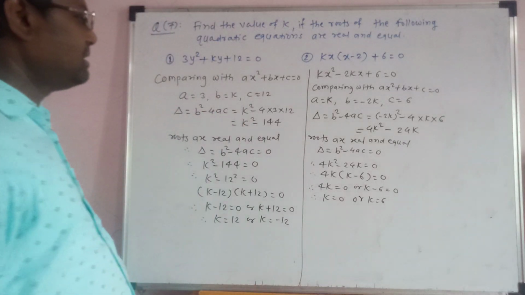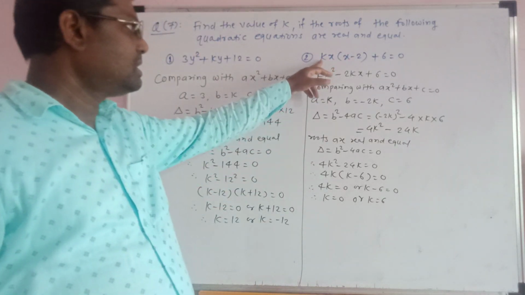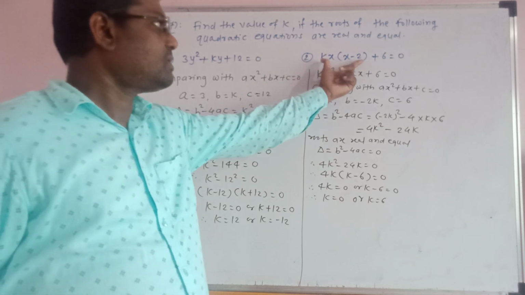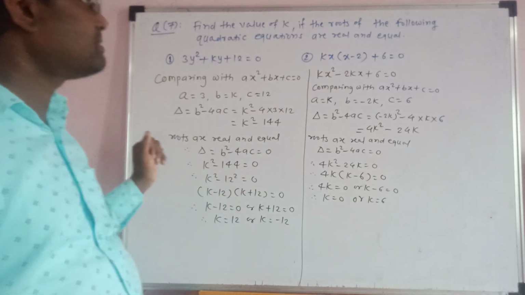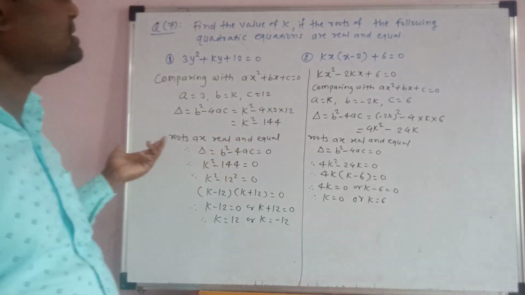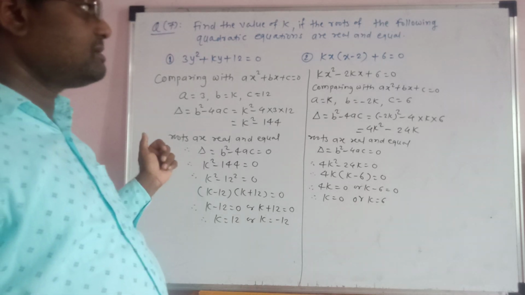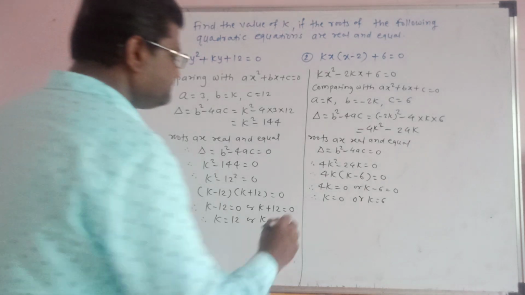Now let us see, for the value of k is equal to 0, if we put k is equal to 0, this term becomes 0 and only 6 remains, and 6 is equal to 0 is not possible. So for k is equal to 0, quadratic equation does not exist.